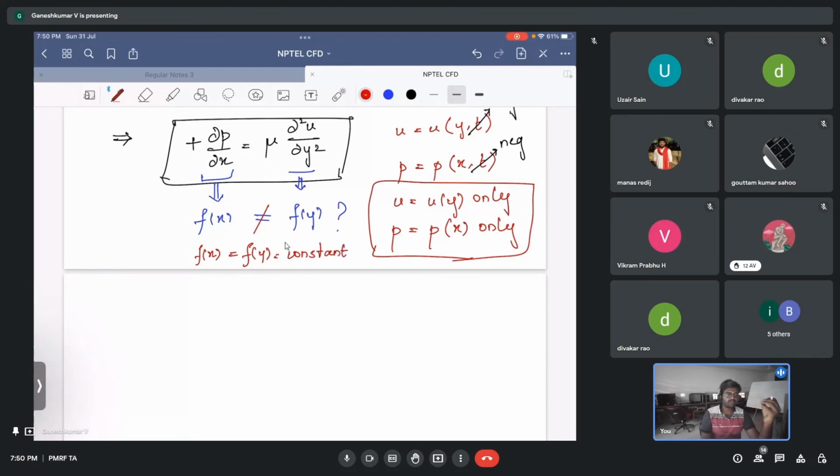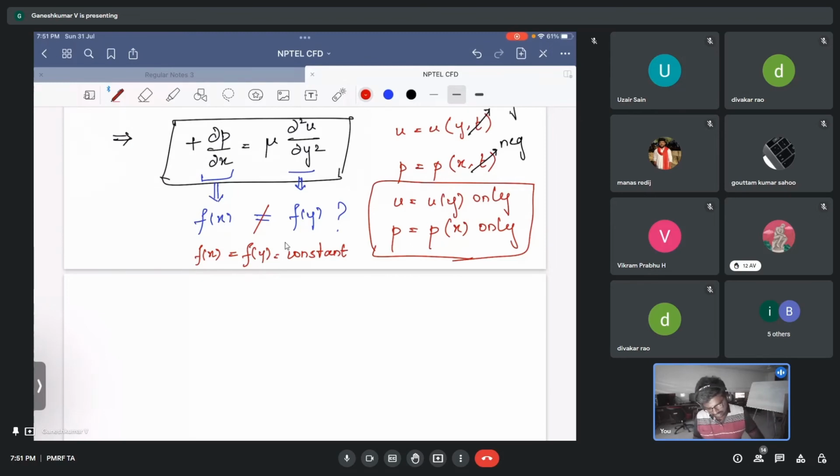Let's say ∂p/∂x is some constant. And similarly, μ ∂²u/∂y² is a constant. Those two constants would be the same. So a constant can also be regarded as a function, but it doesn't depend on any dependent variable. So if a function of x and a function of y have to be the same, then both should be equal to a constant. It cannot be a quadratic function or trigonometric function or hyperbolic function or anything like that.